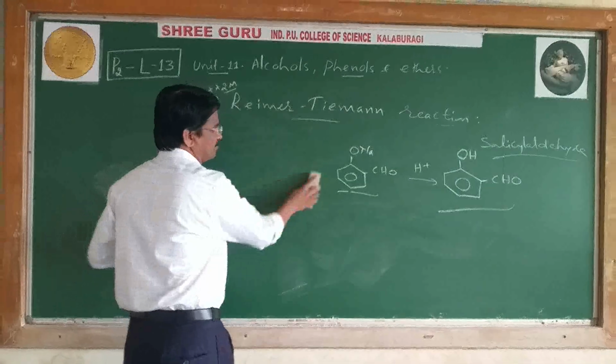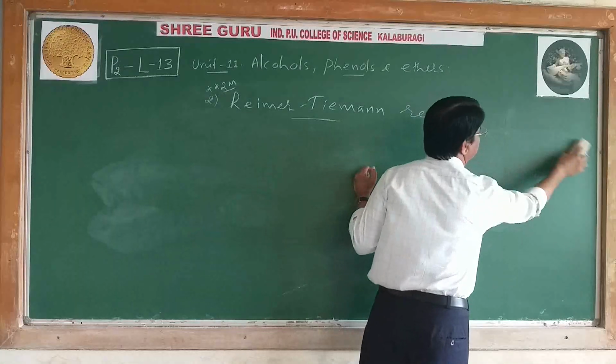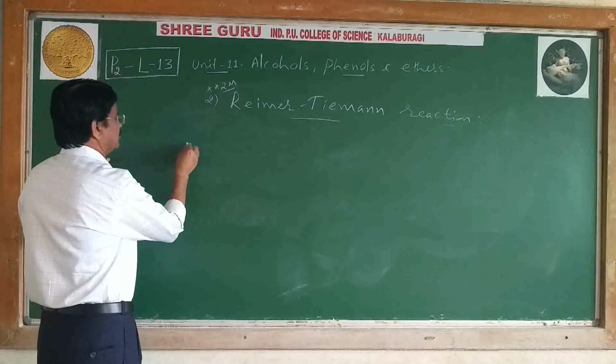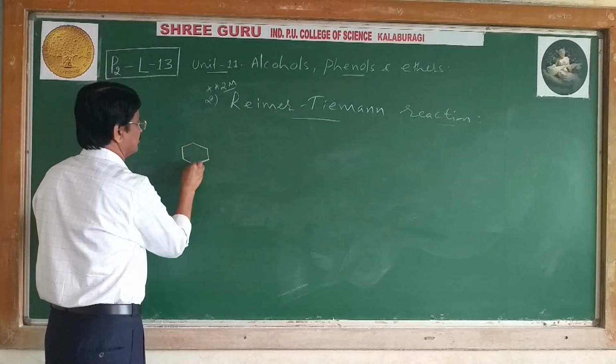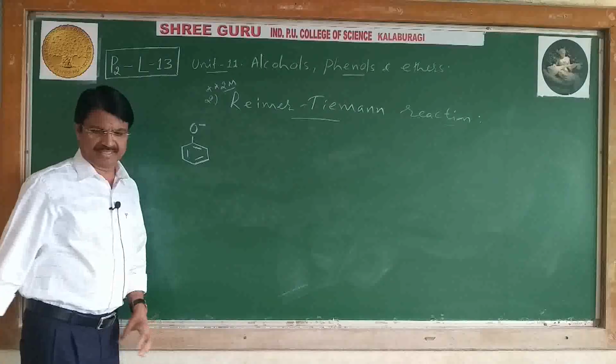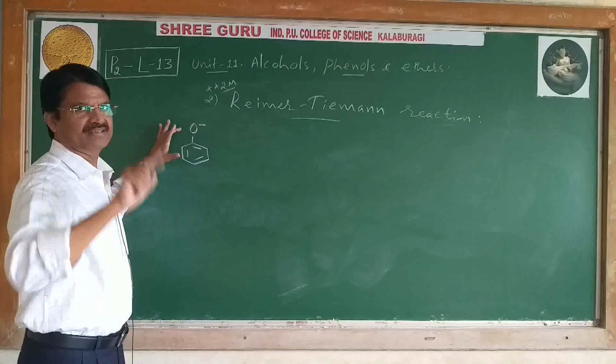Now see the mechanism. First, phenol is taken and treated with NaOH. It forms phenoxide ion, or sodium phenate.